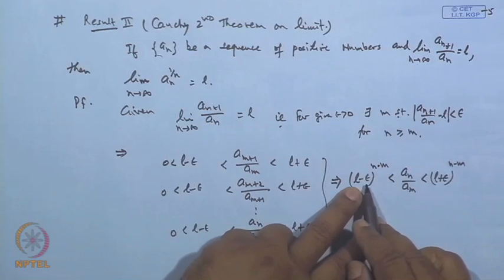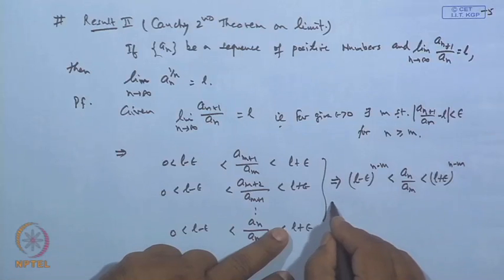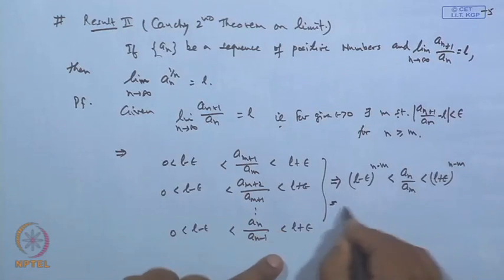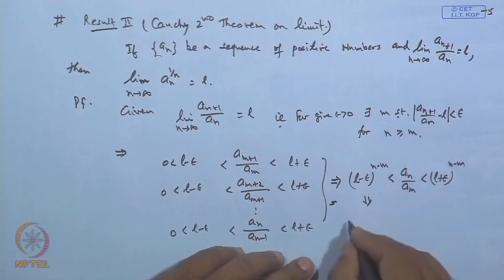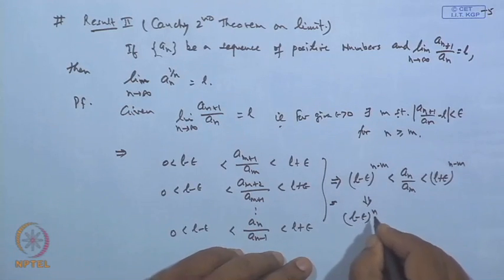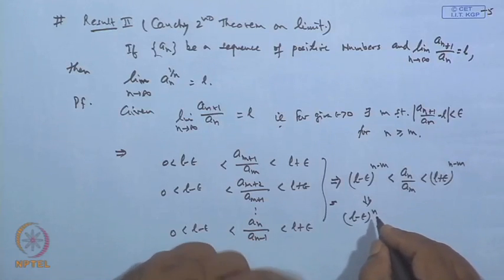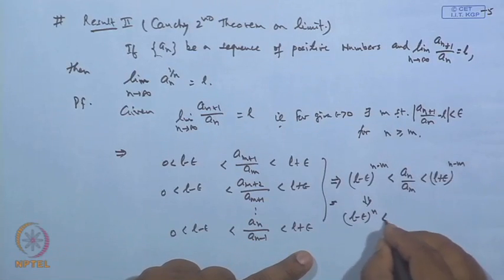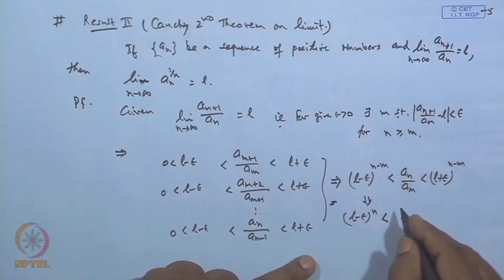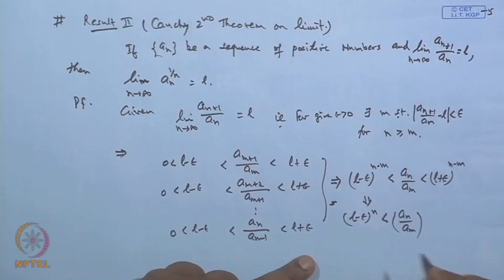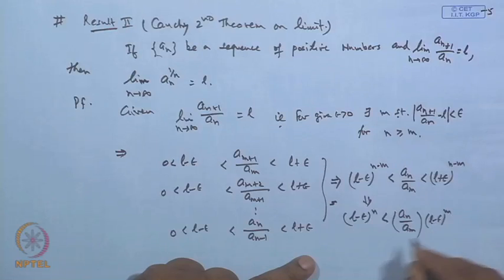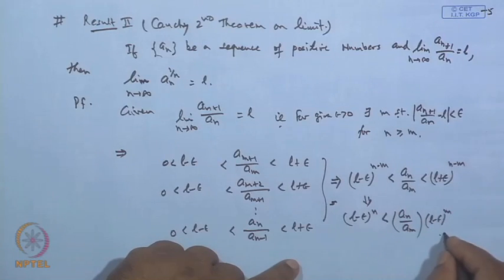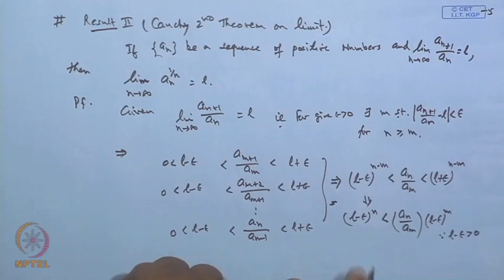Because this is a positive quantity, we can divide, and that gives L minus epsilon to the power n is less than a n over a m into L minus epsilon to the power m, because L minus epsilon is positive. So, we can do like that.